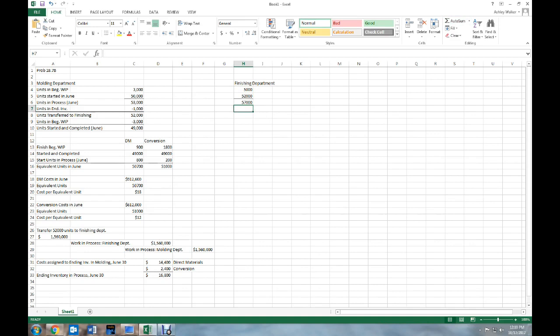Okay? So we're going to take out our ending inventory. So we go back and look at the fact pattern, and our ending inventory was 2,000. So remember, that's going to end up being subtracted, because if it is in our ending inventory, it can't have been in process, or it's still in process.